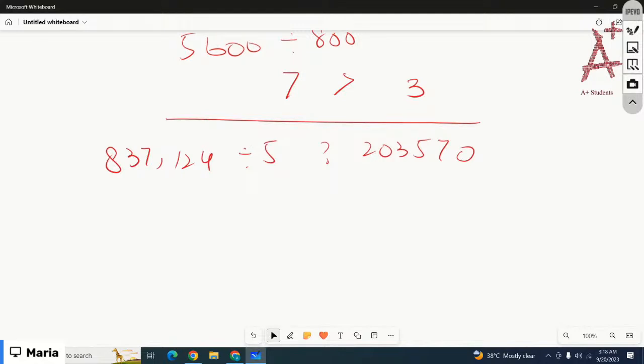You have to divide 837,124 by 5, and you have to compare it to 203,570, right? So you can just find the estimated answer. You cannot divide this number by exactly 5, right? Just write the estimated answer.